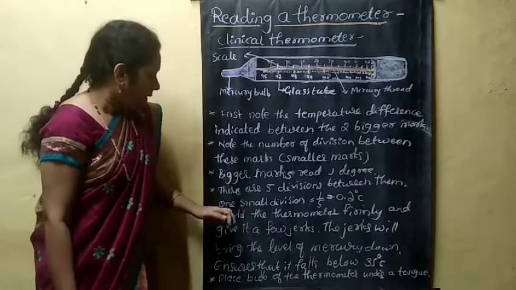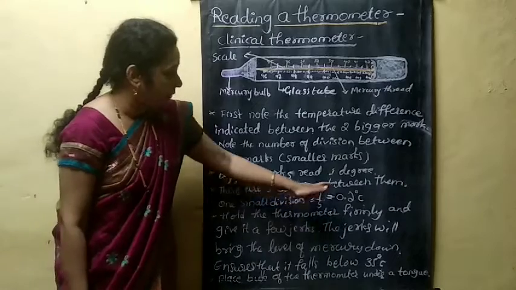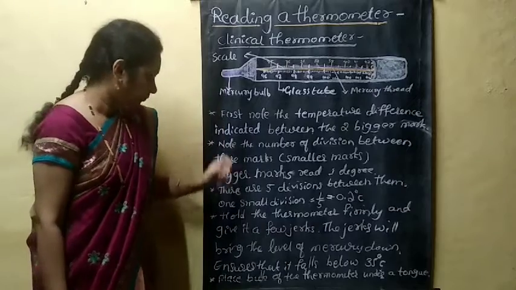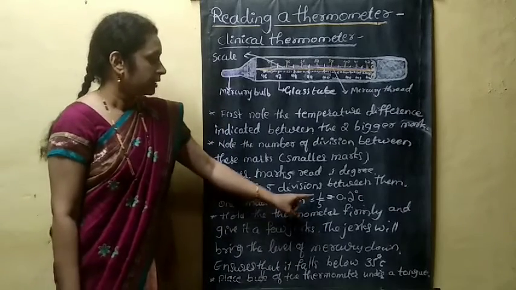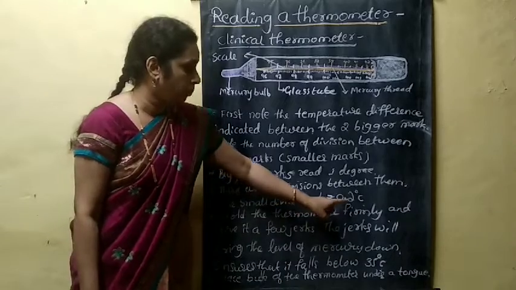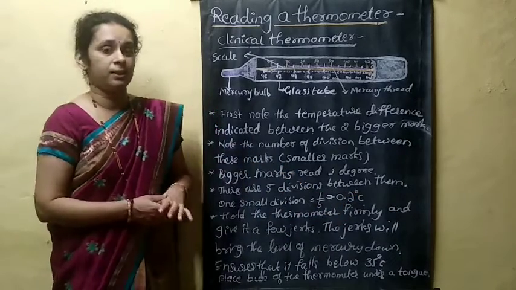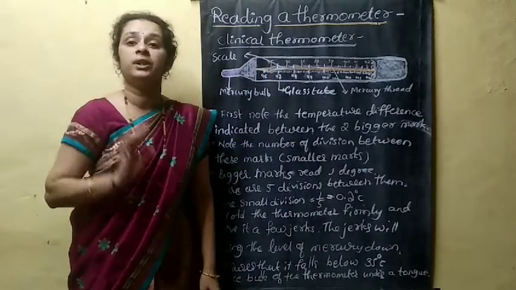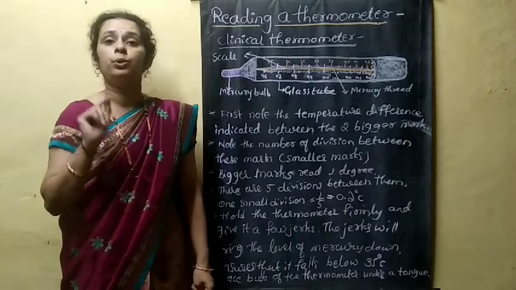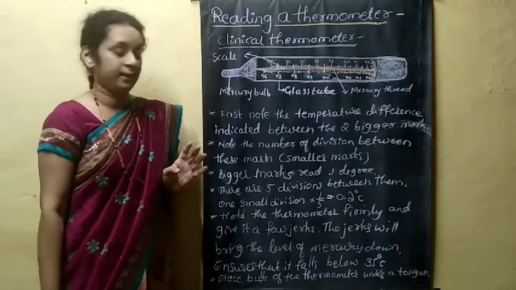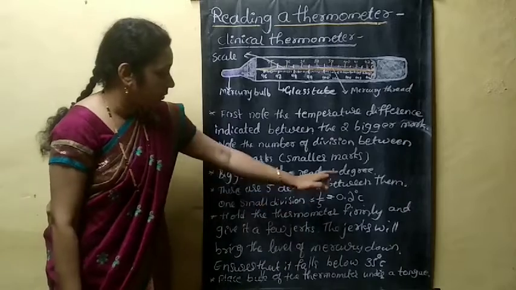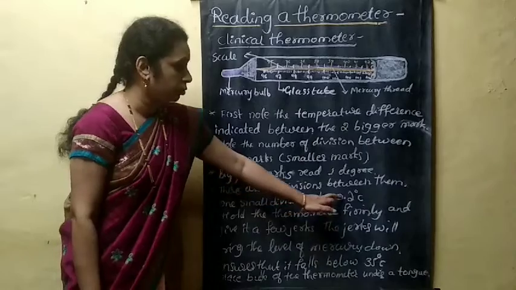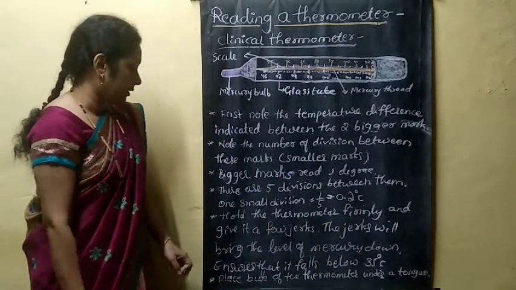There are 5 divisions between them. One small division is equal to 1 by 5, which is equal to 0.2 degree Celsius. That one small mark here will be measured as 0.2 degree Celsius.